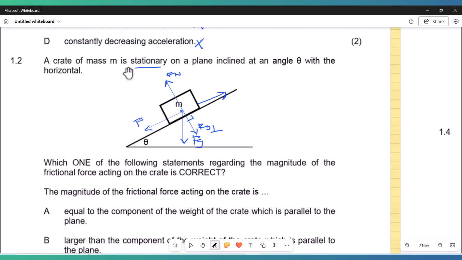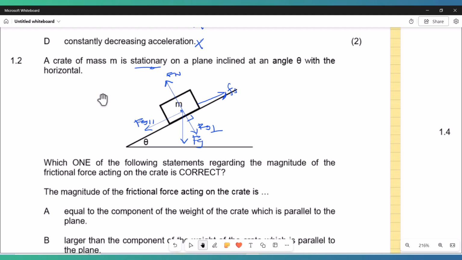Because the block is stationary, the frictional force, which in this case is static, is equal to the Fg parallel. That's the component of gravity that acts parallel to the plane. Let's check the answers.